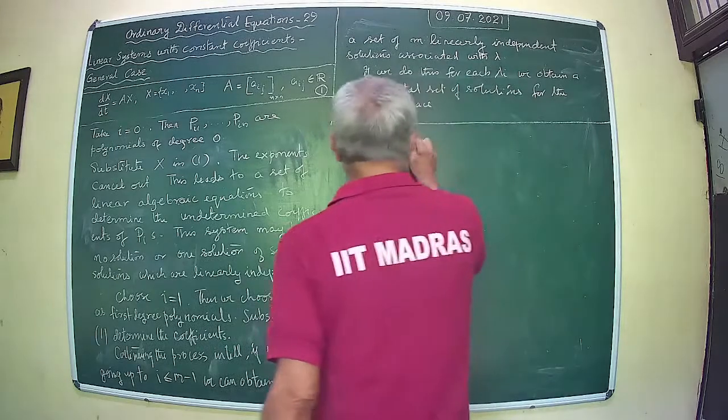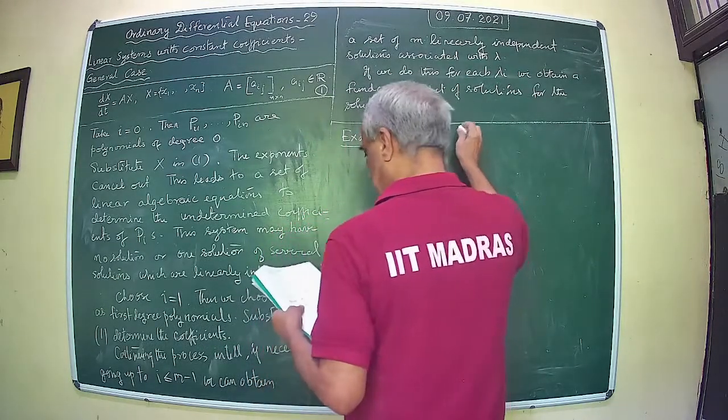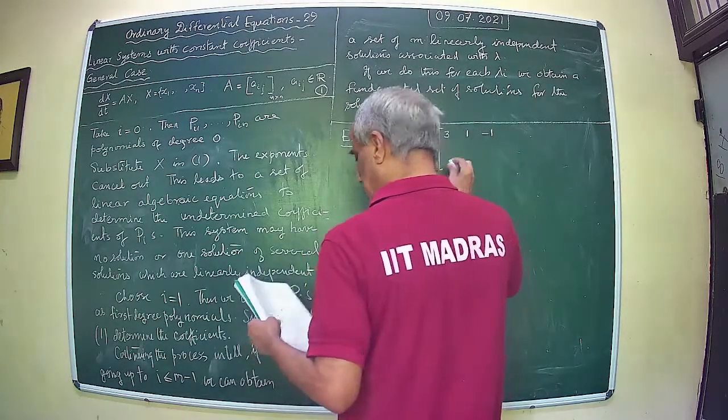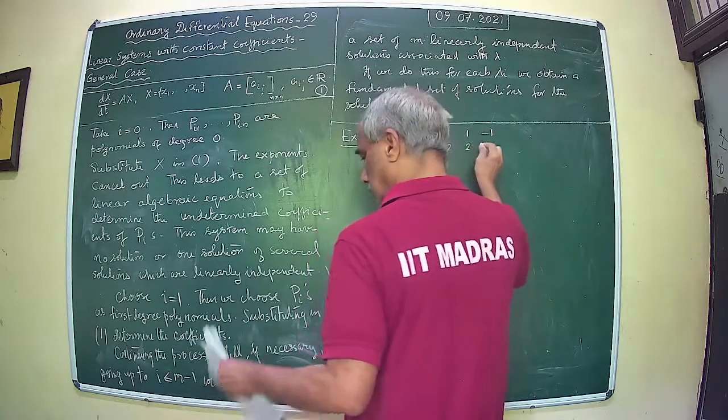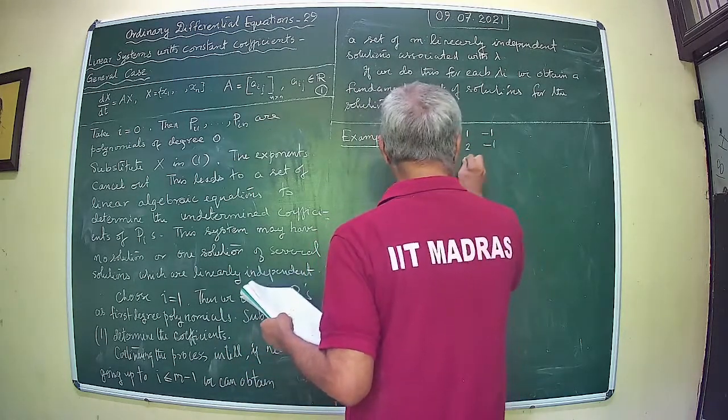So you take A to be the 3 by 3 matrix -1, 2, 2, -1, 2, 2, 0.